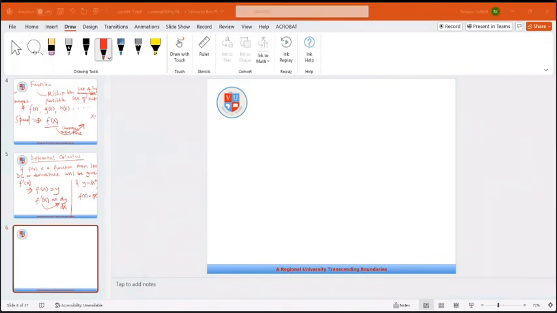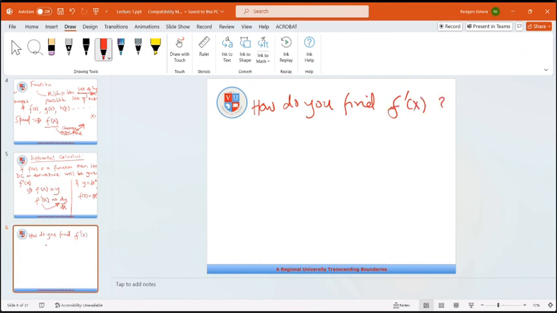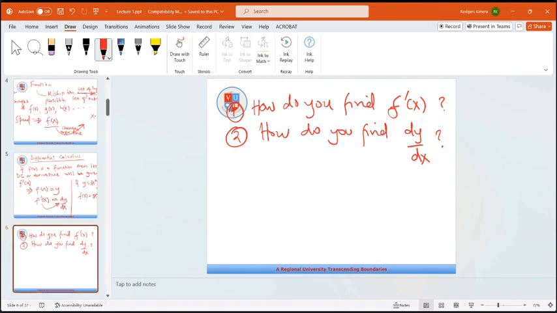I can pose a few questions to all of us. How do you find f prime of x? That is the first question. The second question, how do you find dy/dx? That is the second question.